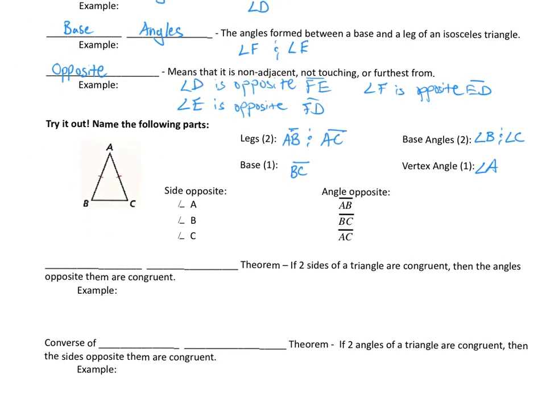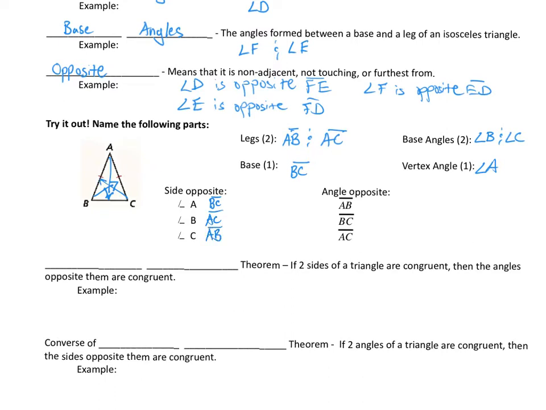Let's talk about opposite sides. Angle A is opposite BC. Notice here that it's on the opposite side. Angle B is opposite AC. Angle C is opposite AB.